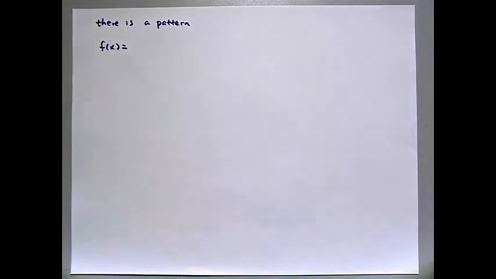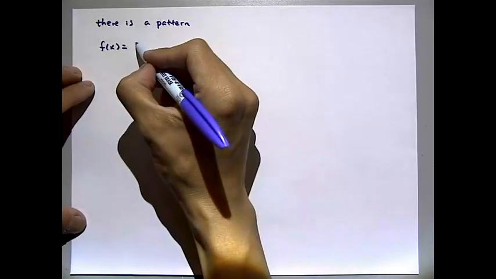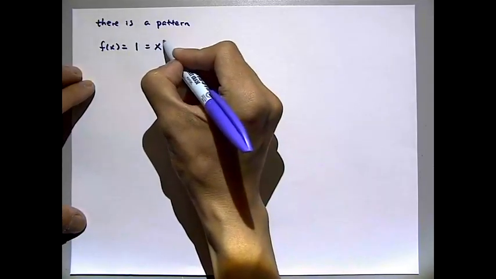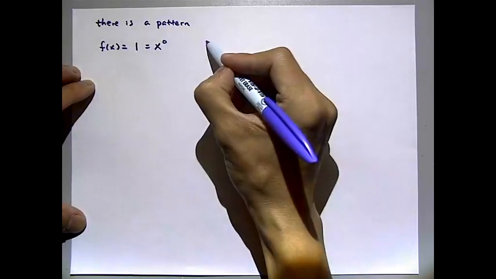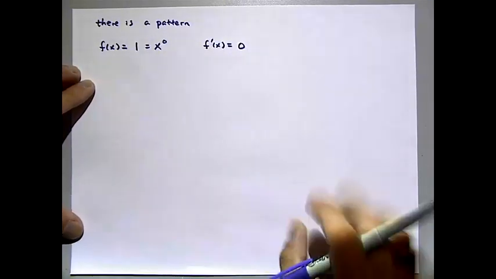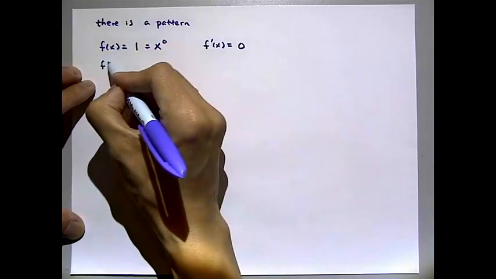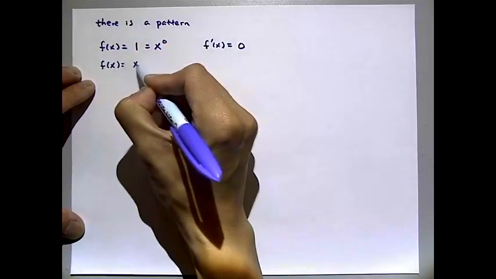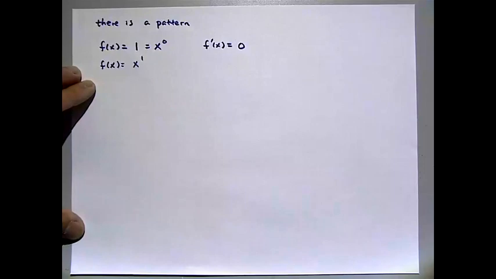When we started with a 1, I'm going to write this 1 as x to the power of 0, right? And what we notice after doing the derivative is we got a 0 here. We'll come back to that. When we went to x, that was x to the first power.